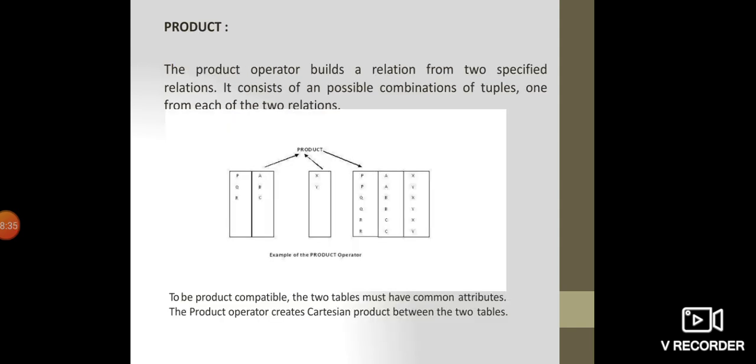Then the other one is product. Product, the other name is Cartesian product. The product operator builds a relation from two specified relations. It consists of all possible combinations of tuples, one from each of the two relations. You will combine and then you will take the product. All the entries will be displayed.